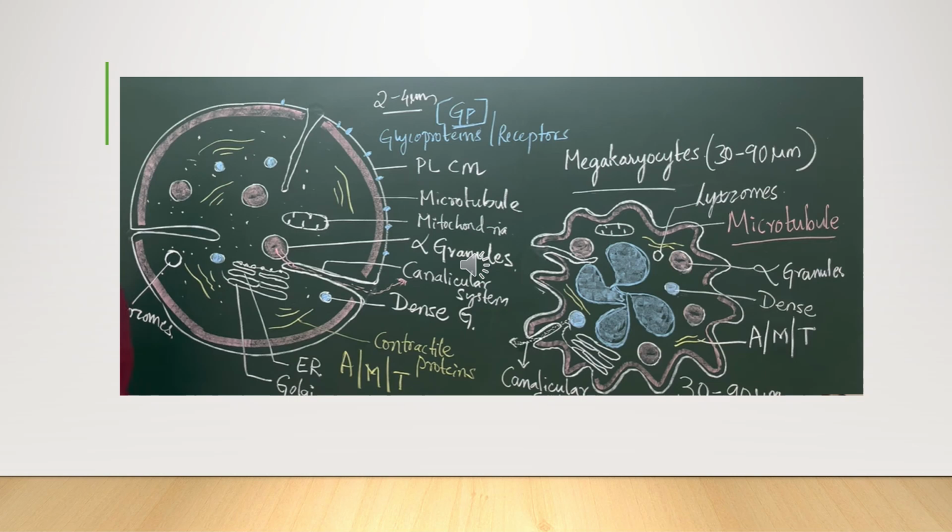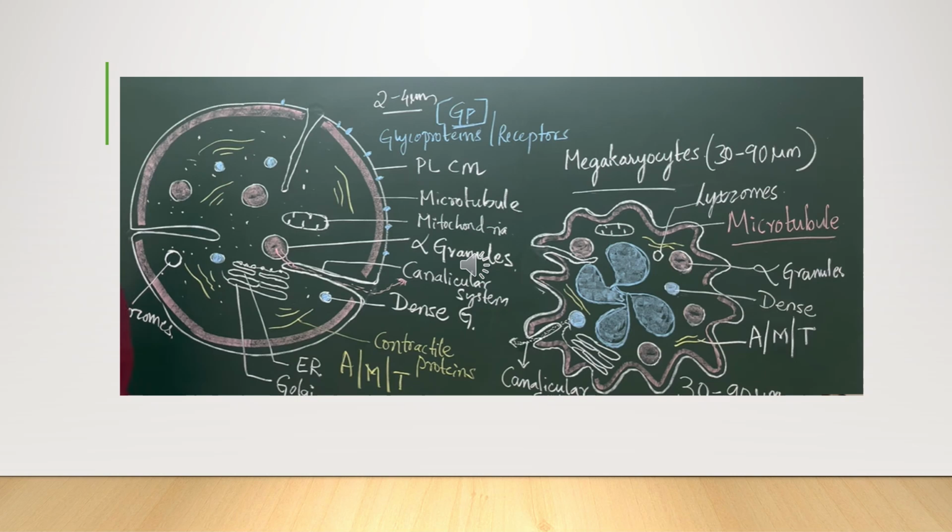Then the important feature, that is the granules. So we have two types of granules in the platelet. One is alpha granule and another one is dense granule. Alpha granules are larger in number and size.